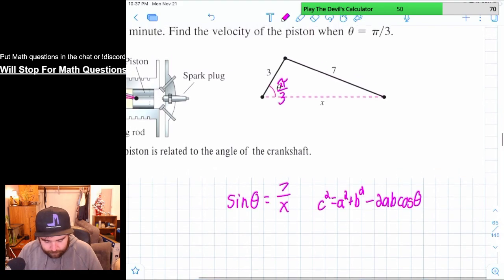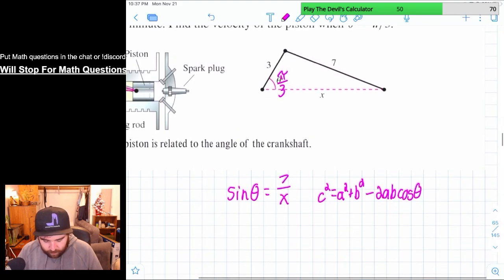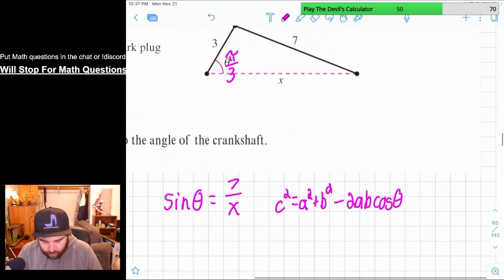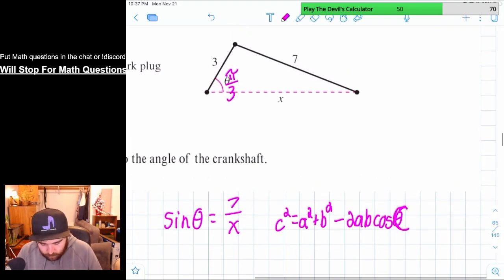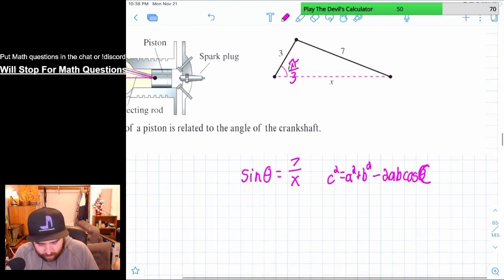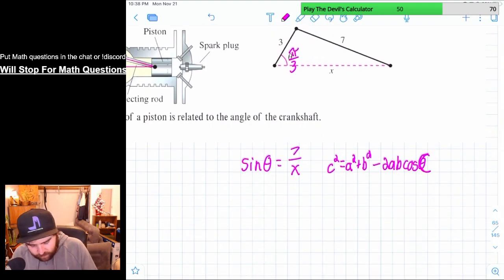And so what are the things that we know? I mean, that's just another equation we could probably use, right? So now we're talking about, well, this is C, and we don't know that angle C. So do I need to use this? Well, no, I can find that angle C by using law of sines. I feel like I'm going to do this way too hard now. So I'm going to do law of sines.